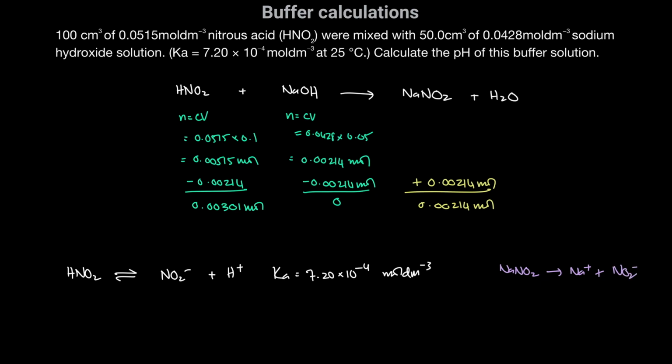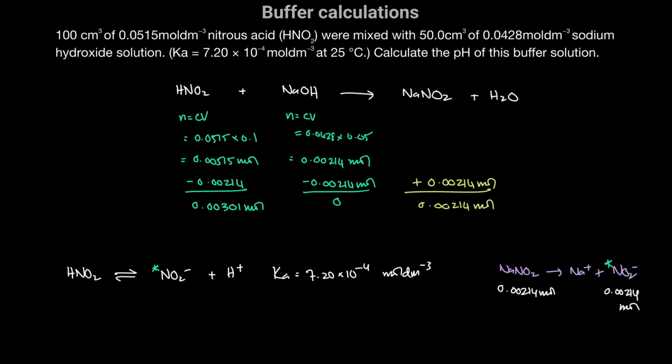So in this equilibrium, we can assume that the total number of moles of NO2 minus ions is just 0.00214. We can assume that all the NO2 minus ions come from the salt, so this number of moles is the same as this.